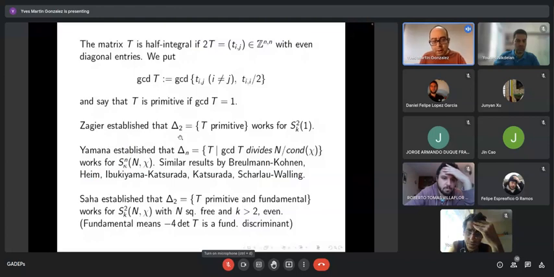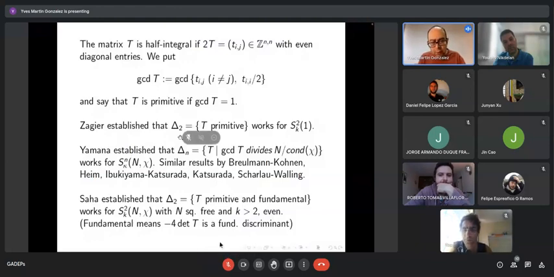So in some sense, he put some restrictions. If big N is square free and k is even greater than 2, then for this type of Siegel cusp forms, this Delta_2 is good. Okay, primitive and fundamental. I don't remember exactly the year, maybe 2013 or something like that for this result.